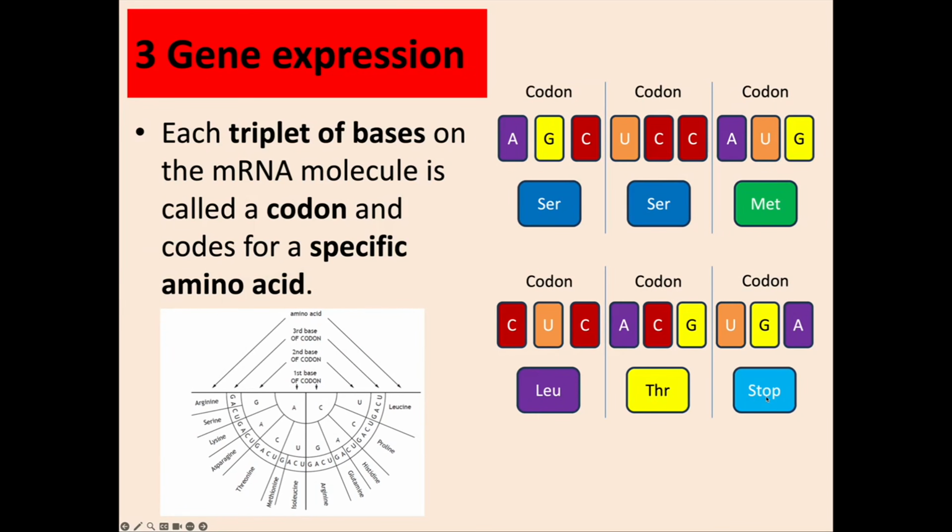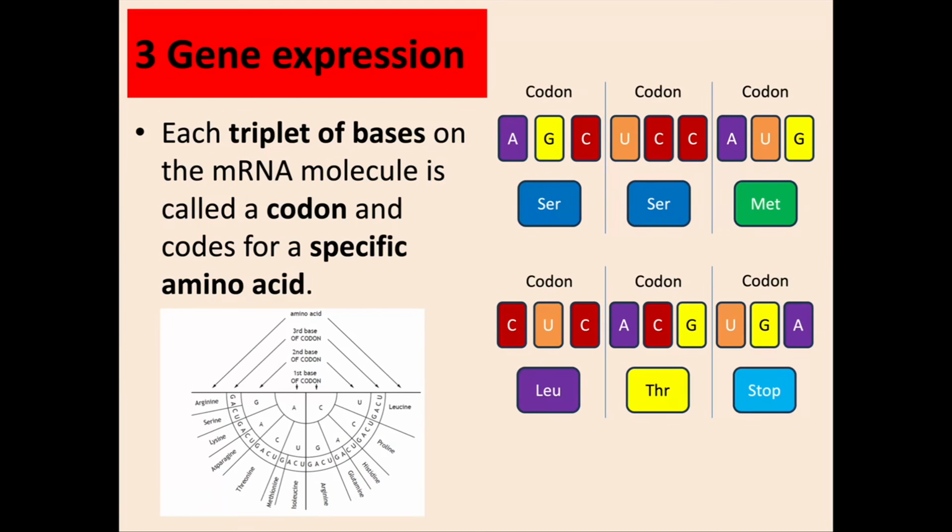Now, this last one here is of interest, and that is the codon UGA. Again, we don't actually have UGA on that. This was taken from a past paper where you didn't need those. But if you look at a proper codon wheel, you would see that UGA codes for what's called a stop codon. You can imagine that the function of the stop codon is to stop the translation of the new amino acid chain in the ribosome.